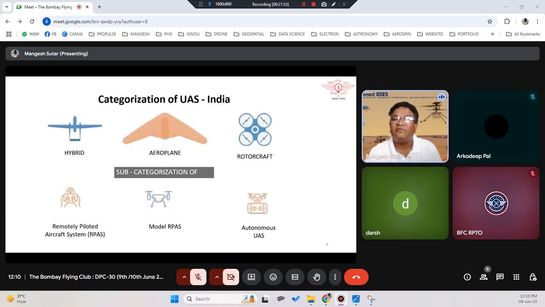So you are getting certified for small class, rotorcraft, remotely piloted aircraft system and VLOS. Okay, this is what is going to come on your certificate. Okay, you can subsequently upgrade yourself from small to medium to micro or large, but as of now only small and medium class certification is available.